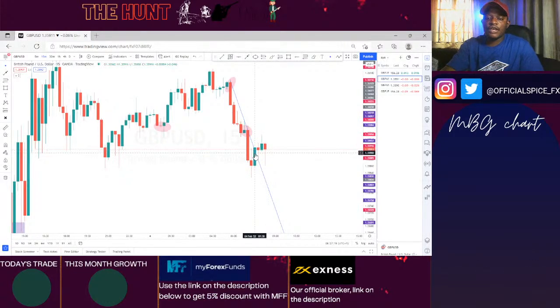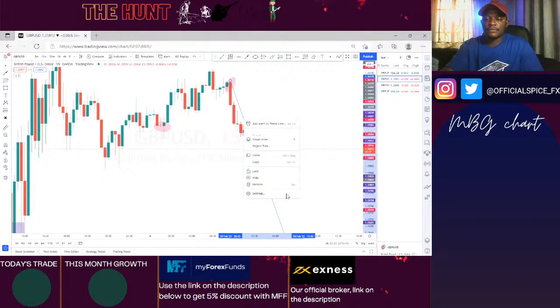So what I want to do now is, this zone was broken. Let me remove this on the chart. When I connected that zone before, I was expecting an engulfing push up, which never happened.